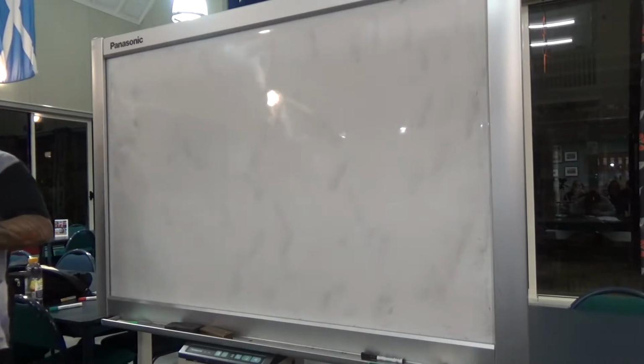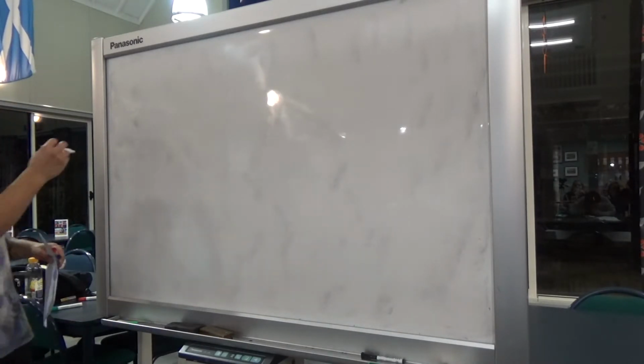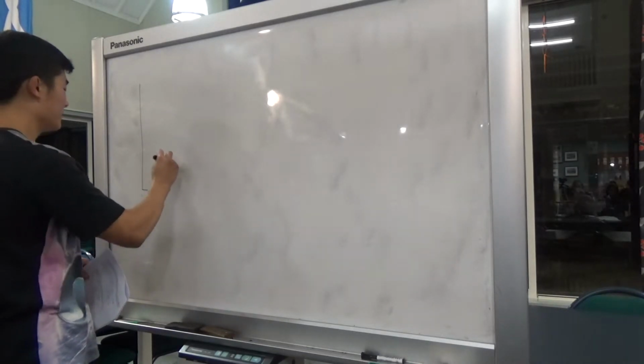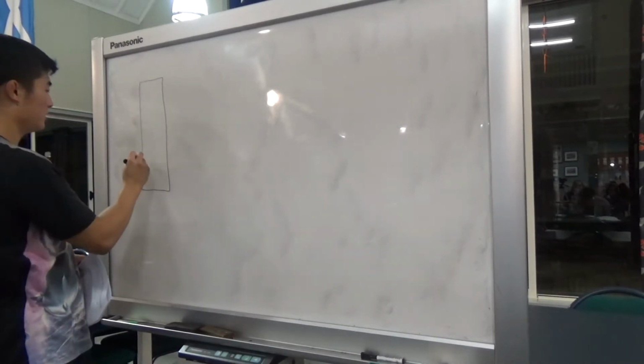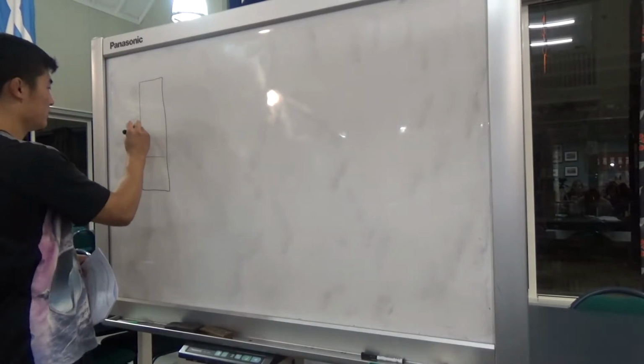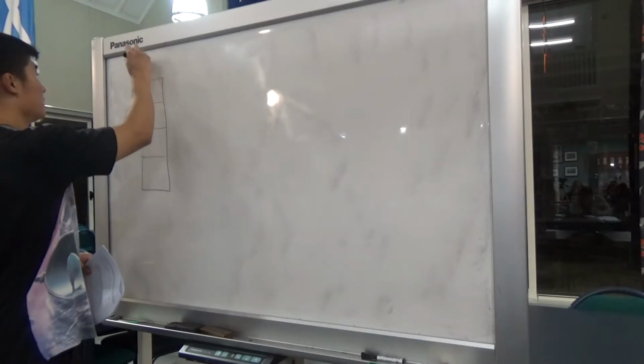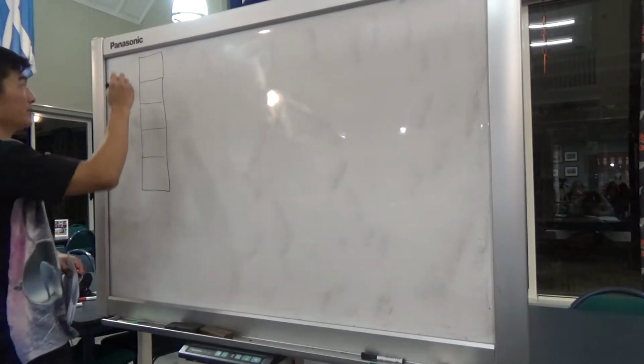So this one's a little bit hard to interpret, but basically what they're saying is you've got 5 cubes, 1, 2, 3, 4. You've got 5 cubes stacked up like this.